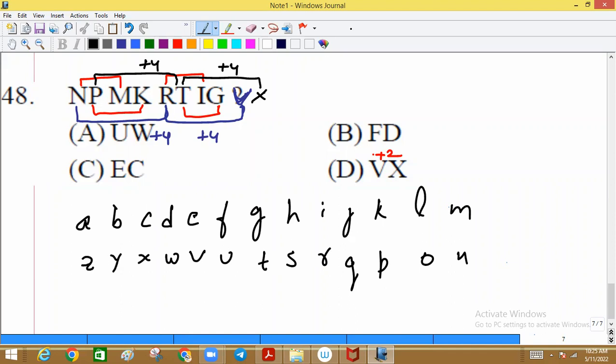So what are the first two letters? M, N and P. So this is M and this is P. Got it? What are the next series? M and K. So this is M and this is K. Exactly opposite of NP. Yes or no?